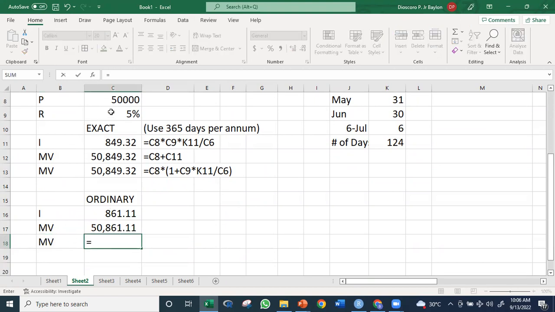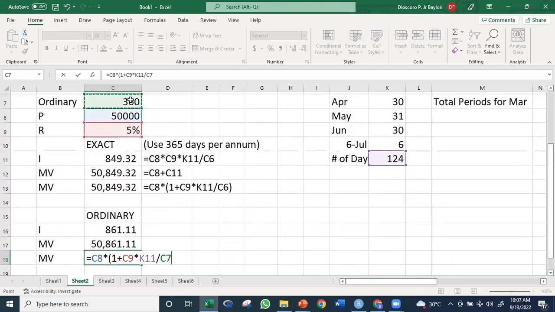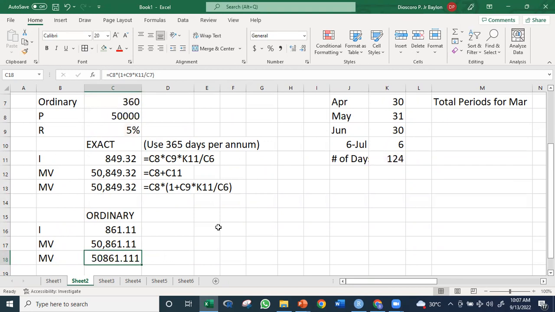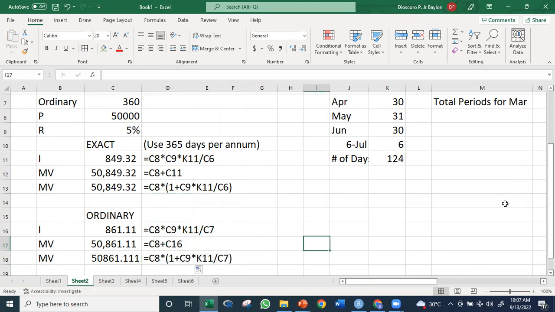It's equal to principal times 1 plus your rate times your time, which is 124 divided by your number of days, 360. And there you have the formulas.